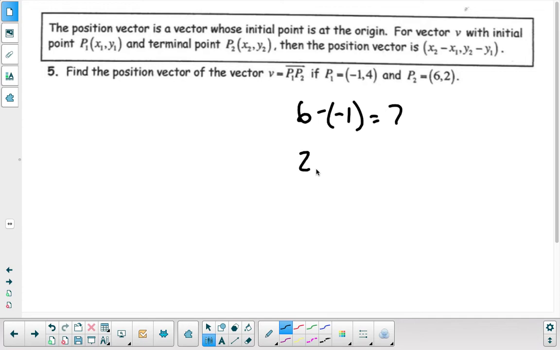Take y2, minus y1, that gives you -2. And then just tack on some i's and j's. So this vector v is equal to 7i minus 2j. And that would tell someone that if they're starting at point 1, they need to end up at point 2. And that would be giving them the straight line or the vector connecting.